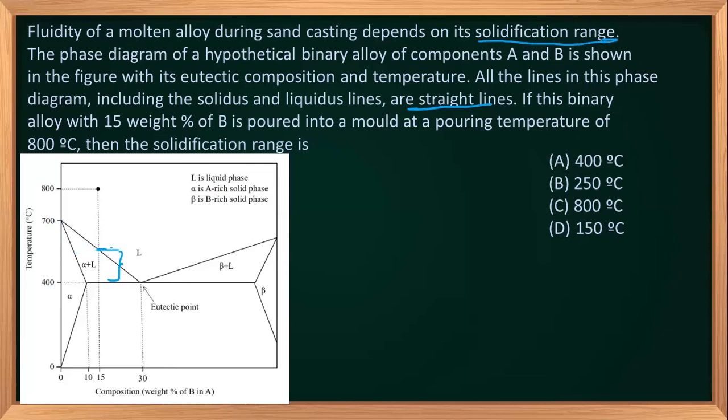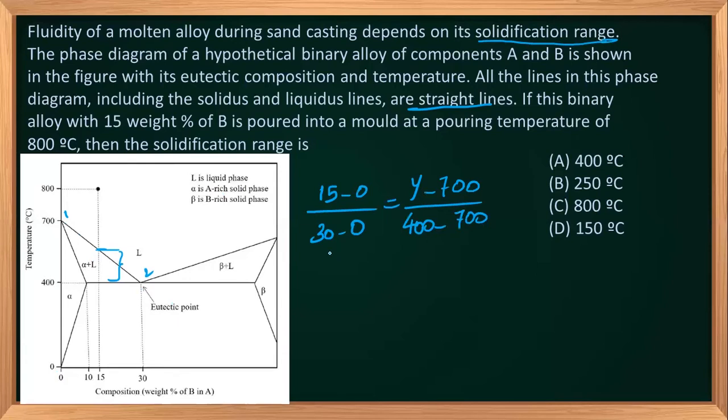Or if you want to use linear interpolation, you can say that x, suppose I'm taking this x, so x minus x1. This is the 1 point, and this is the 2 point. x minus x1 means x minus the 1 point, the corresponding value will be 0, divided by x2 minus x1 will be 30 minus 0, equal to y minus y1. y is what we want to find out, minus y1 is 700, divided by y2, y2 is 400, minus 700.